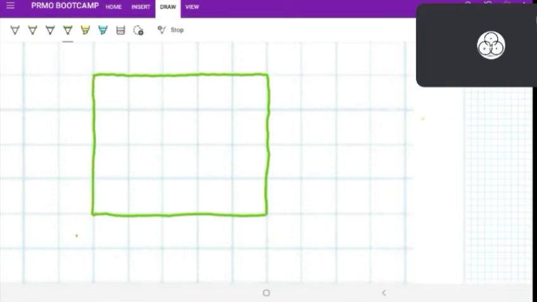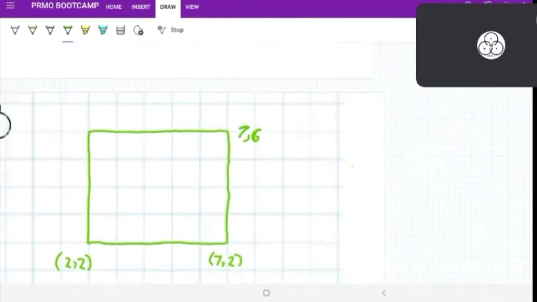Let me change it a little bit. From 2 comma 2, to 7 comma 2, and up to 7 comma 6. I'm just modifying it a little bit so as to have a more proper understanding.